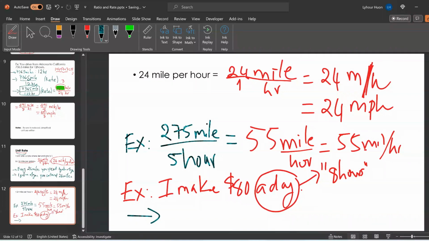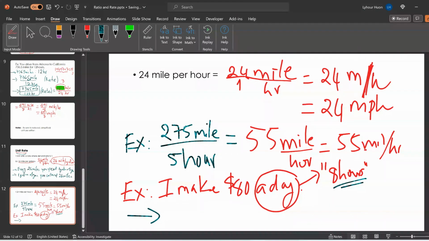One day I work 8 hours, and one day I make $80.